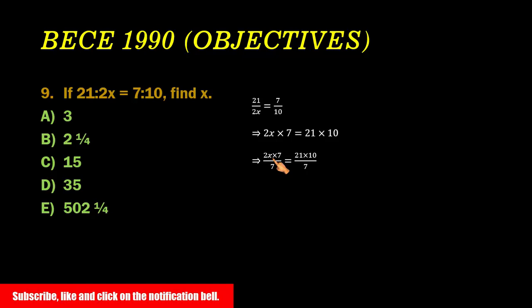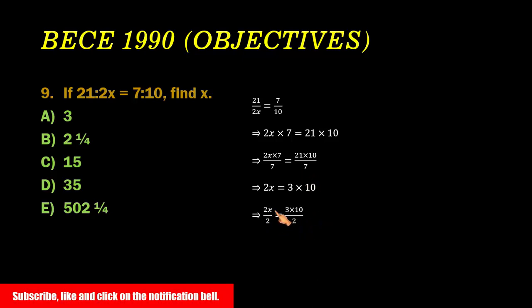And if you are dividing one side by 7, you must also do the same to the other side, because this is an equation. Now you realize that 7 divides 7 and we have 1, leaving 2x. And again, 7 divides 21, giving us 3. Now we simply multiply that by 10 here.